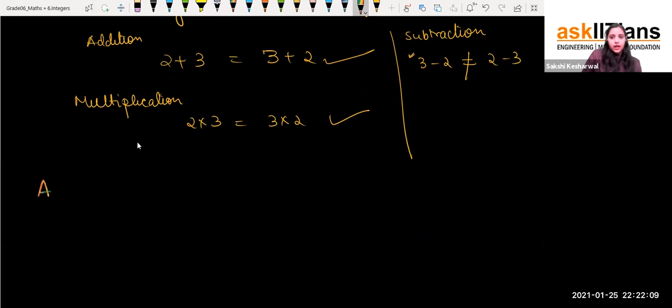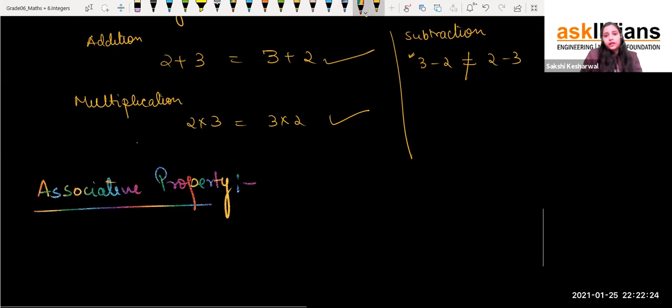Then we have the associative property, right? Associative property means what? It follows for addition.